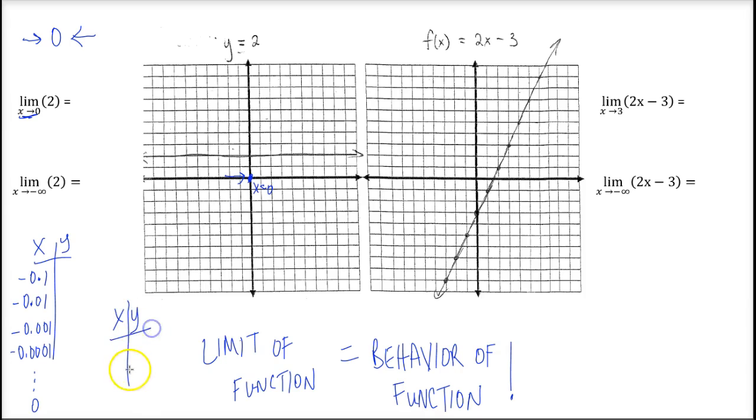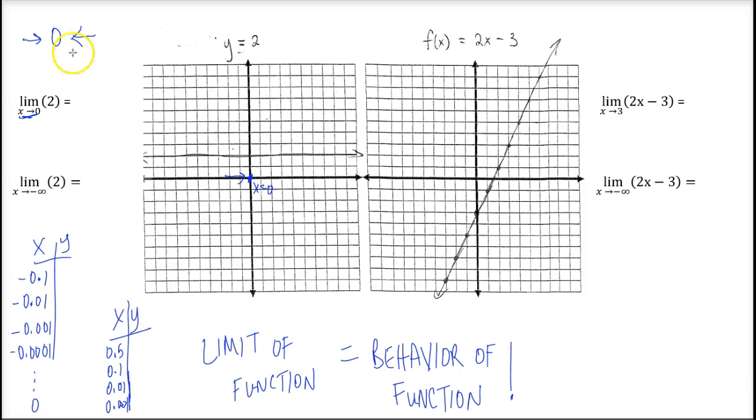When we say from the right, we mean just the same thing. But now we start at 0.5, then go to 0.1, then 0.01, then 0.001.